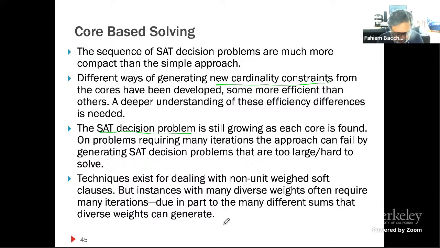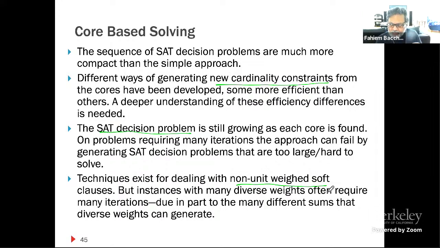And so for problems where you need many iterations, what does tend to happen is the SAT decision problems become too large or too hard to solve. And this is particularly a problem when you start dealing with non-unit weighted soft clauses.